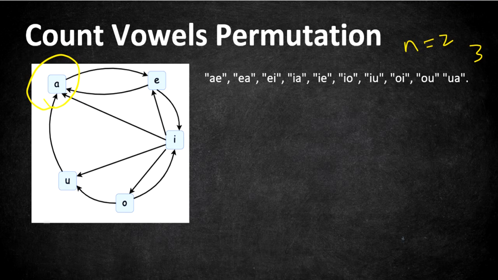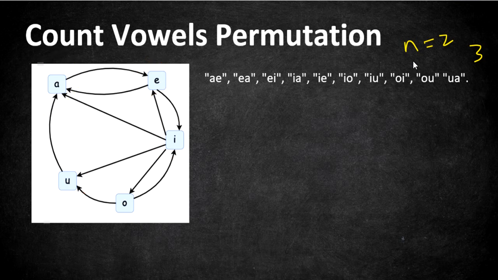If you observe the graph, there are 3 arrows pointing at A, from E, I, and U. So strings ending with E can be followed by A, strings ending with I can be followed by A, and strings ending with U can be followed by A. Let's pick these kinds of strings from the set and construct our strings of length 3.